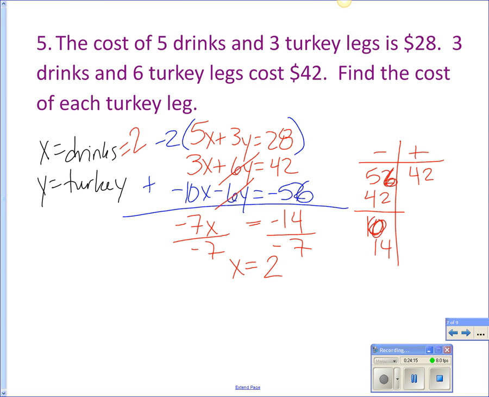A drink. It says find the cost of a turkey leg, so I do have to do the next step. Andrea, help me plug in x is 2 into one of the equations. What would I write? How would I plug x equals 2 into one of my equations? Thank you. Ethan H., what would I do next right here?